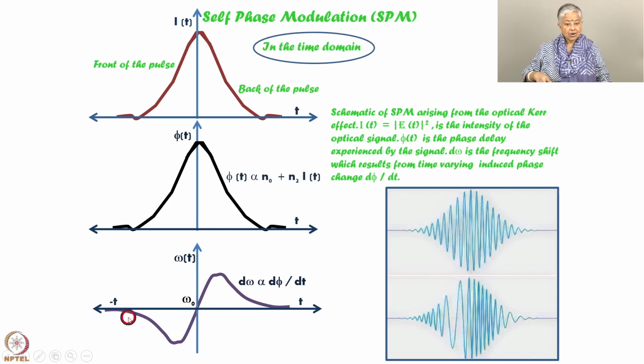So they are all plus with respect to omega 0. Whatever it is, there is a change in frequency. Here you will get a lower frequency, here you will get a higher frequency, all because the phase is changing over time, and that is the definition of d phi by dt. It is a change in frequency.